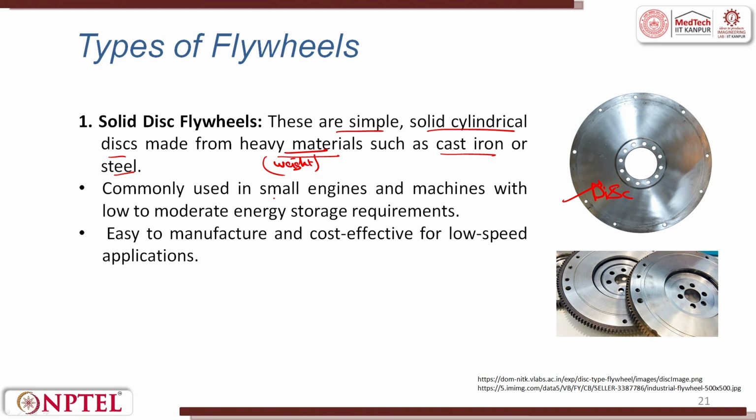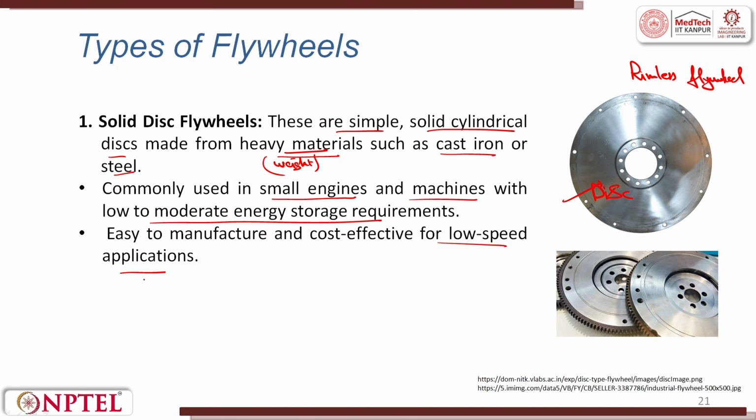These are commonly used in small engines and machines with low to moderate energy storage requirements. So, when the rim is not there and only the disc is there, this is known as a rimless or disc flywheel. This is easy to manufacture and cost effective for low speed applications.